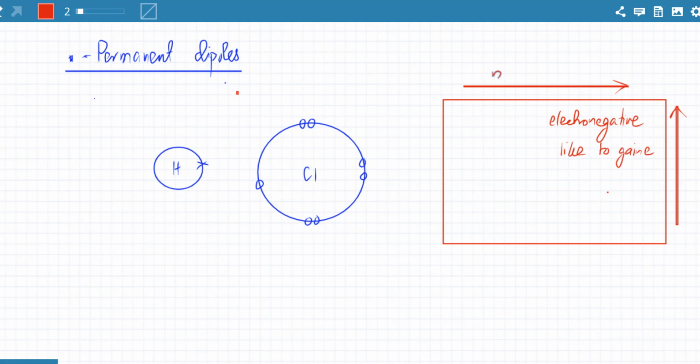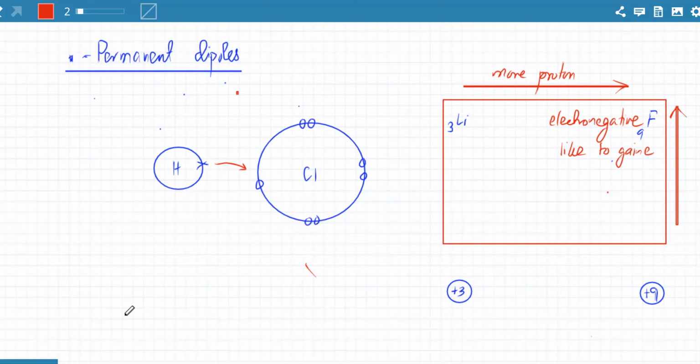Yes, sir. It's clear. So there's a thing called electronegativity, which increases when you move to the right corner of the periodic table. Now, how is a covalent molecule formed? A covalent molecule is formed because atoms try to gain electrons. This nucleus in the center, chlorine, would see this electron in hydrogen and would try to pull it towards itself, right? So it would try to attract that electron.